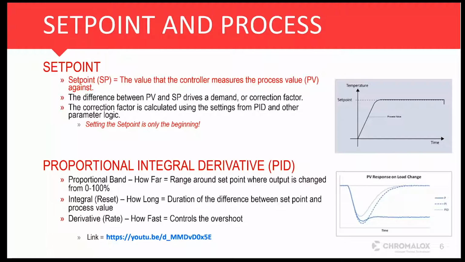Now, set point, I would hope everyone on the call understands what set point is, but that's just the start of all the programming and how the programming affects how the controller controls the process. There's ways to tighten up the process, to improve the process. There's a lot of steps along the way, one of which is the process variable.